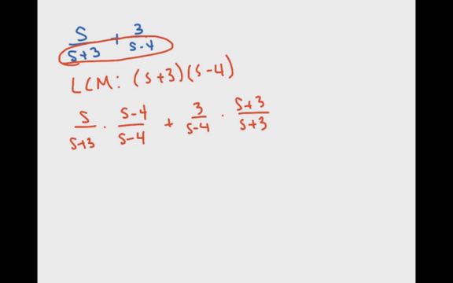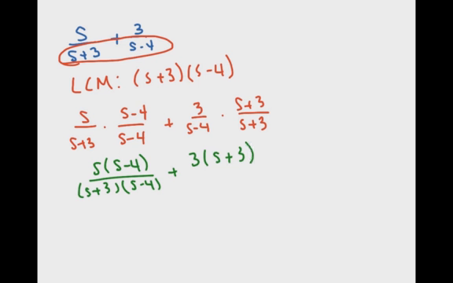Now let's multiply straight across. We have s times s minus 4 over s plus 3 times s minus 4 plus 3 times s plus 3 over s minus 4 times s plus 3.